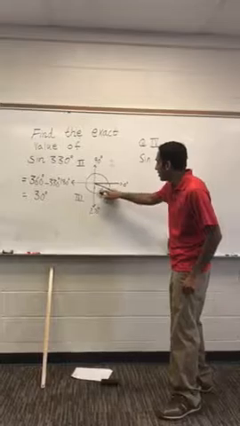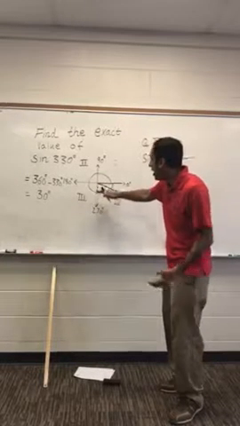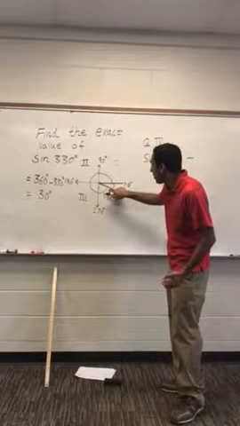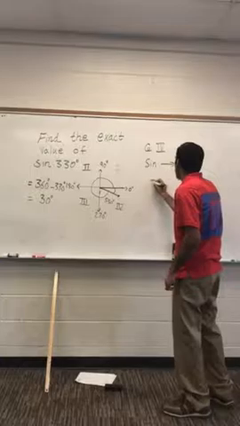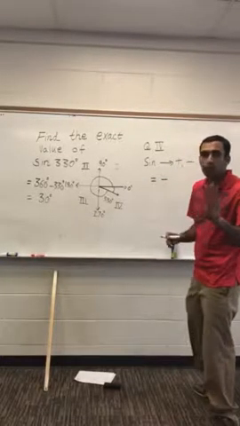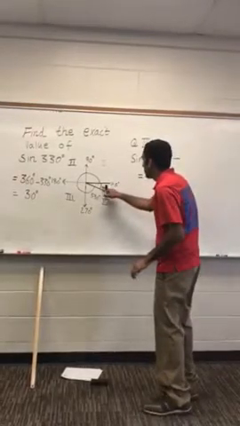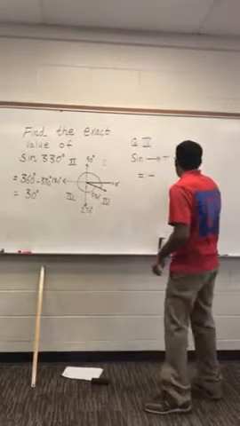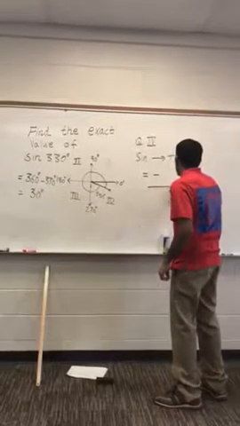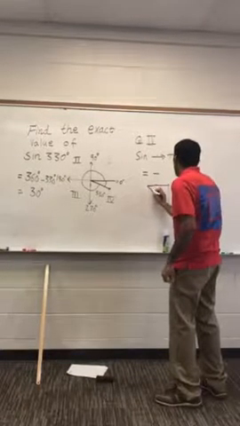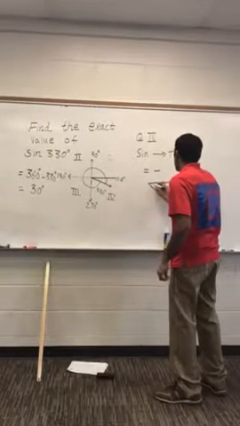If you're here, it's clearly your y, since your y is negative here, therefore your sine is also negative. All right, we got that out of the way. So now what you do is this reference angle is 30 degrees. So this guy here is 30 degrees.